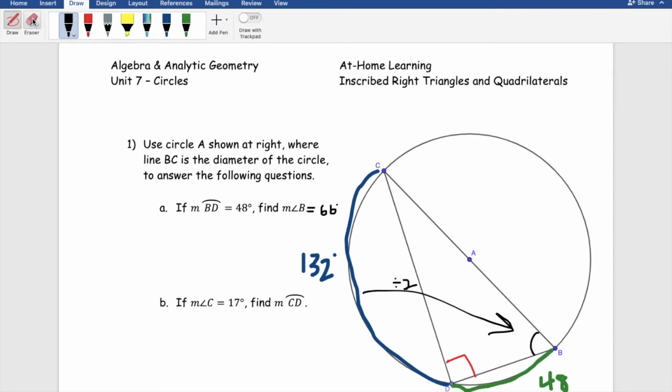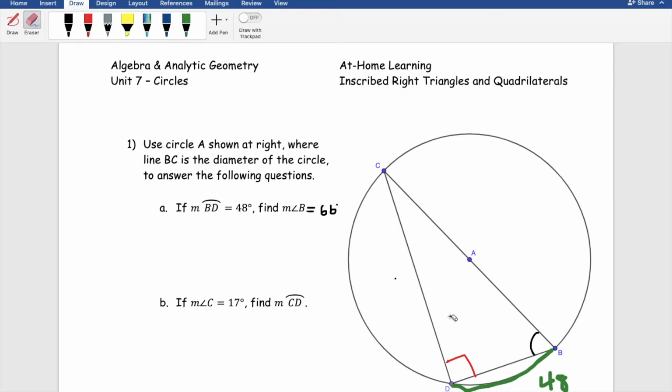Now, I did say this was one of two ways to look at this problem, so we'll go over the other one now as well. It's up to you how you want to approach this problem. So again, we have a 48-degree arc here, and our goal is to find the measure of an angle. But if we know the measure of an arc, we should also know the measure of the angle that forms that arc. Here's the angle at point C when it opens up this way.